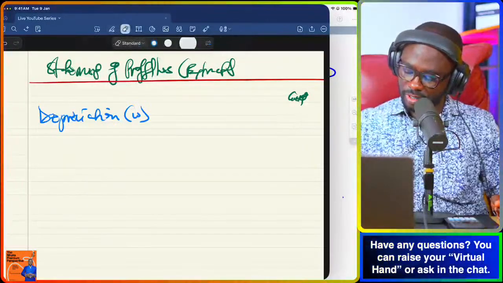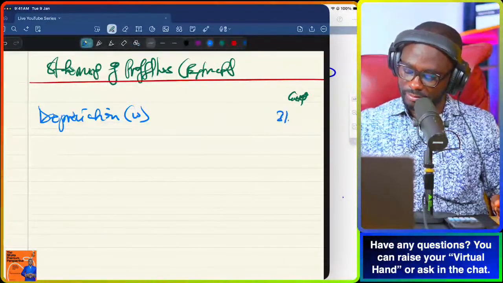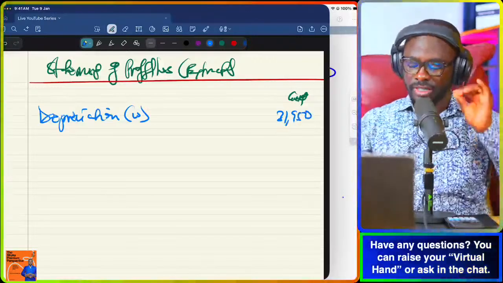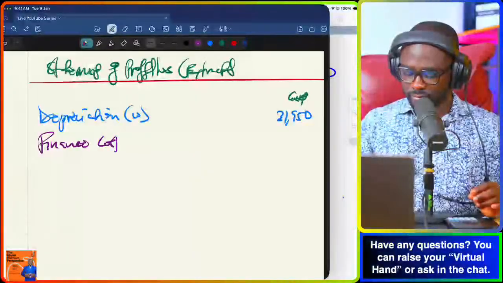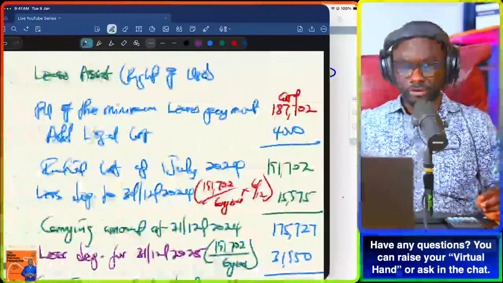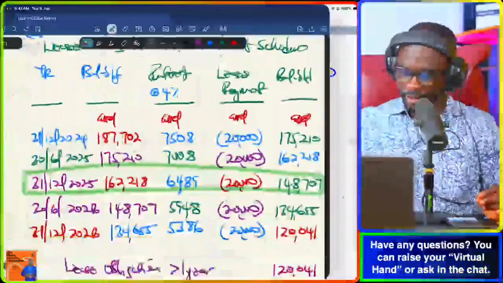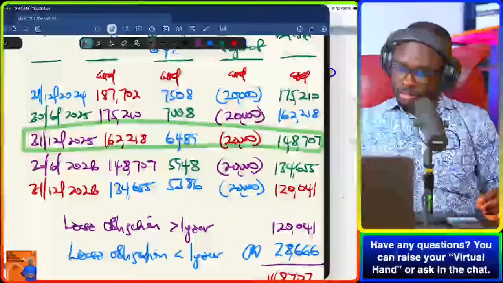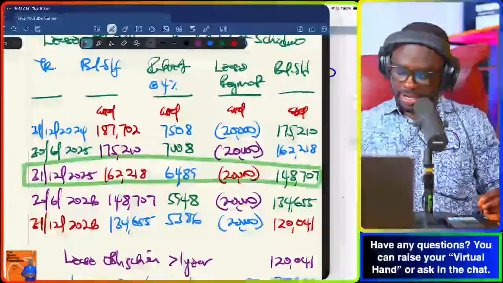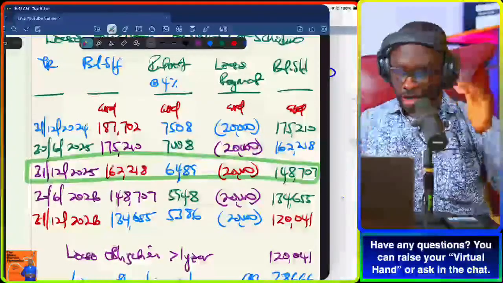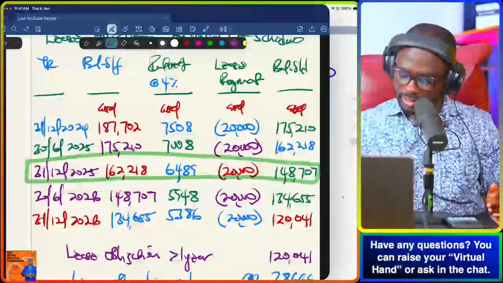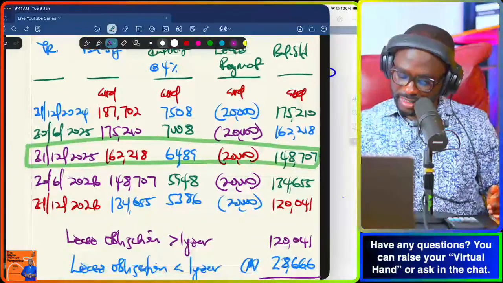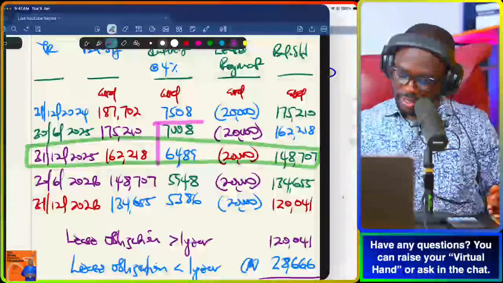Okay, 31,950. Then we bring in the finance cost, which will be from the lease obligation schedule we prepared. The finance cost for 2025 will be the addition of these two guys, the 30th June 2025 and the 31st December.